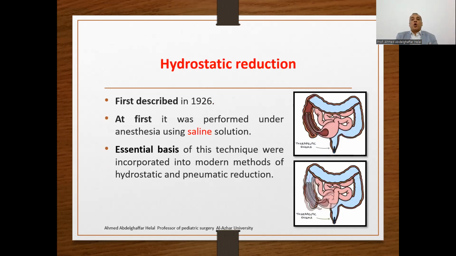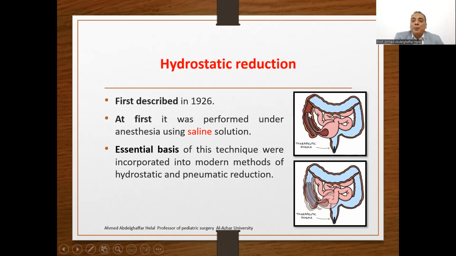This is the first form of the radiologically guided reduction. At first, it was performed using saline under anesthesia. The essential basis of this technique was incorporated into the modern methods of hydrostatic and also air reduction.